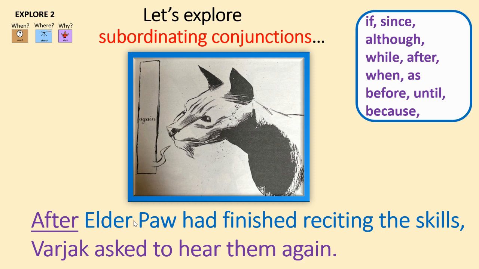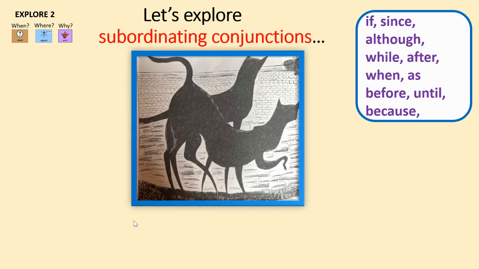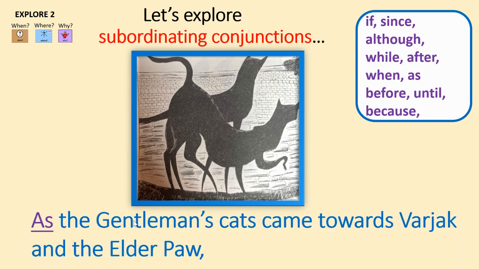Okay, so we've got another practice here. Here is a picture of the gentleman's cats. Some of you may want to pause now. Okay, and the rest of us, we're going to have a look and see what I've written. I've said, as the gentleman's cats came towards Varjak and the elder Paul, what happened?